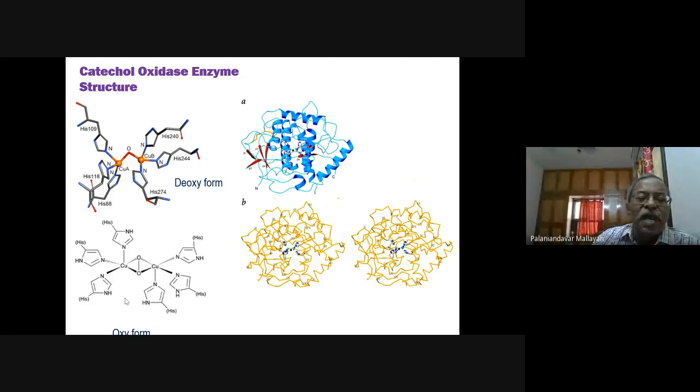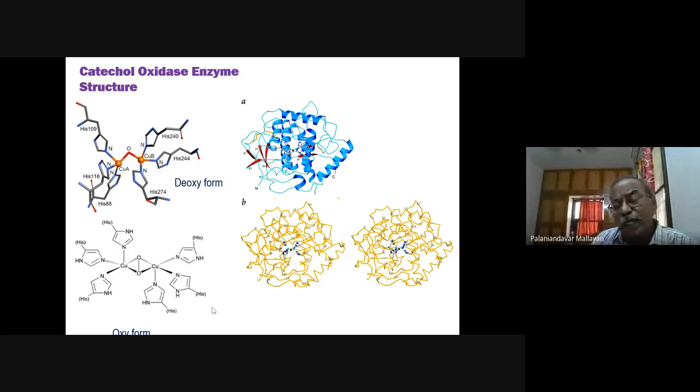So this is the oxyform, this is the deoxyform. Both the copper atoms are linked by a hydroxyl group. You see that this structure is very similar to our hemocyanin, right? But this one is used to activate molecular oxygen so that this oxygen atom will be utilized for CH activation, whereas the copper site in hemocyanin is used to store molecular oxygen, right?